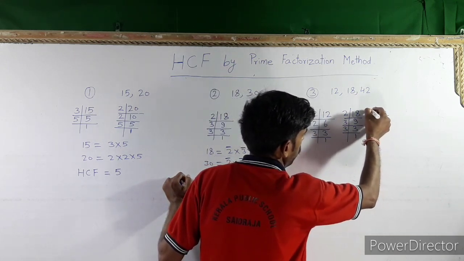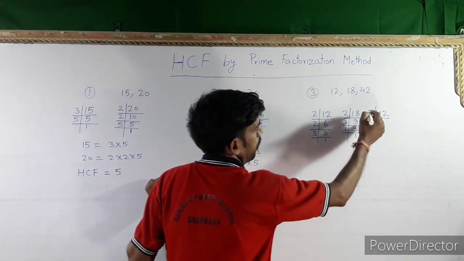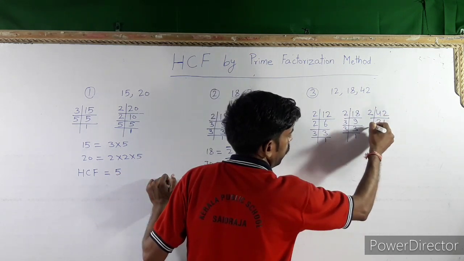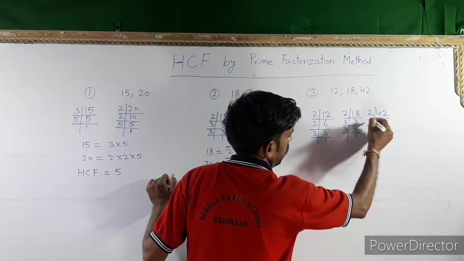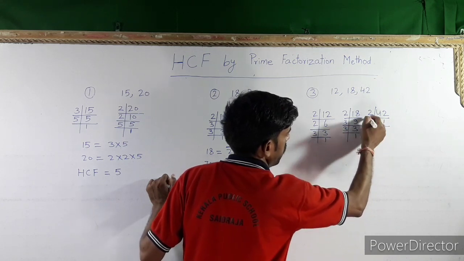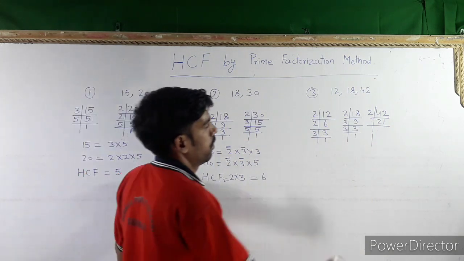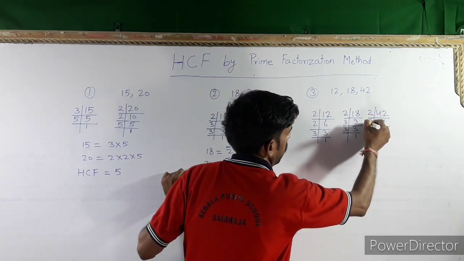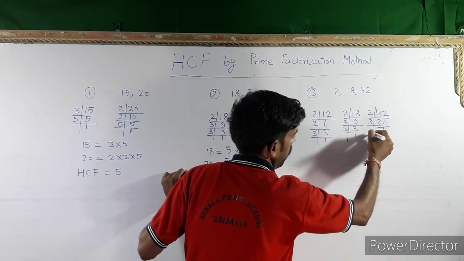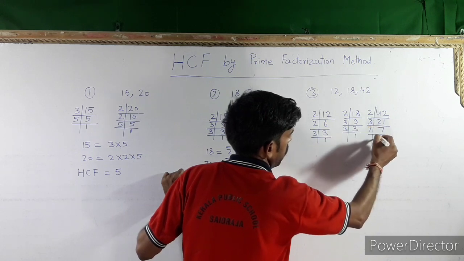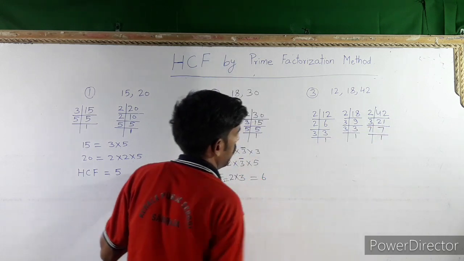Now 42 is divisible by 2, 2 21s are 42, and 21 is not divisible by 2, so take 3, 3 7s are 21, and 7 1s are 7.